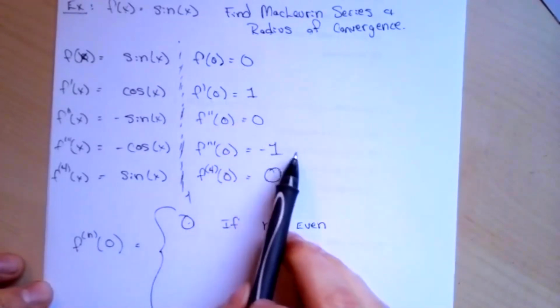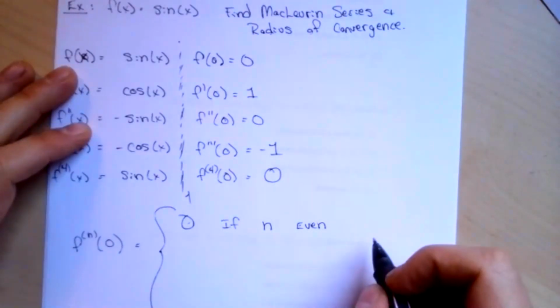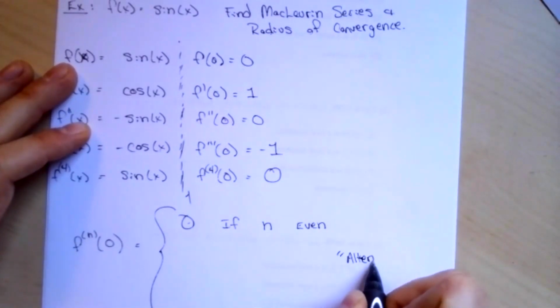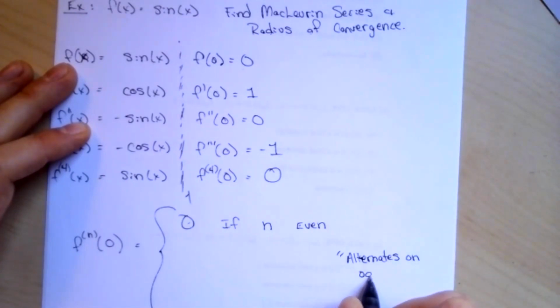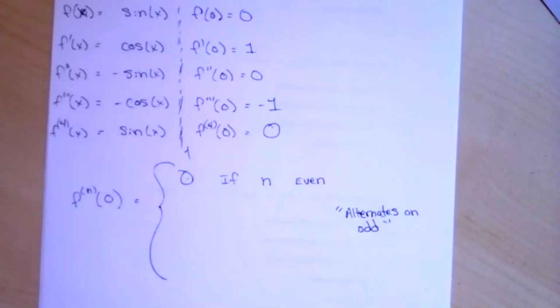And then what's happening on the odd derivatives? Well, we know it alternates on the odd. And so how do we code that within our sequence notation?